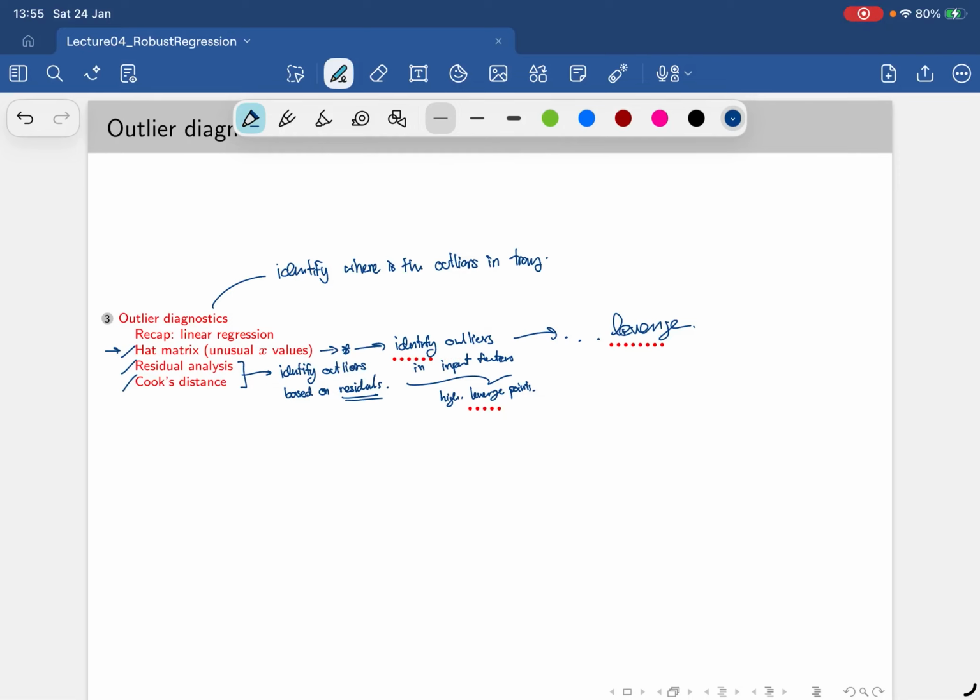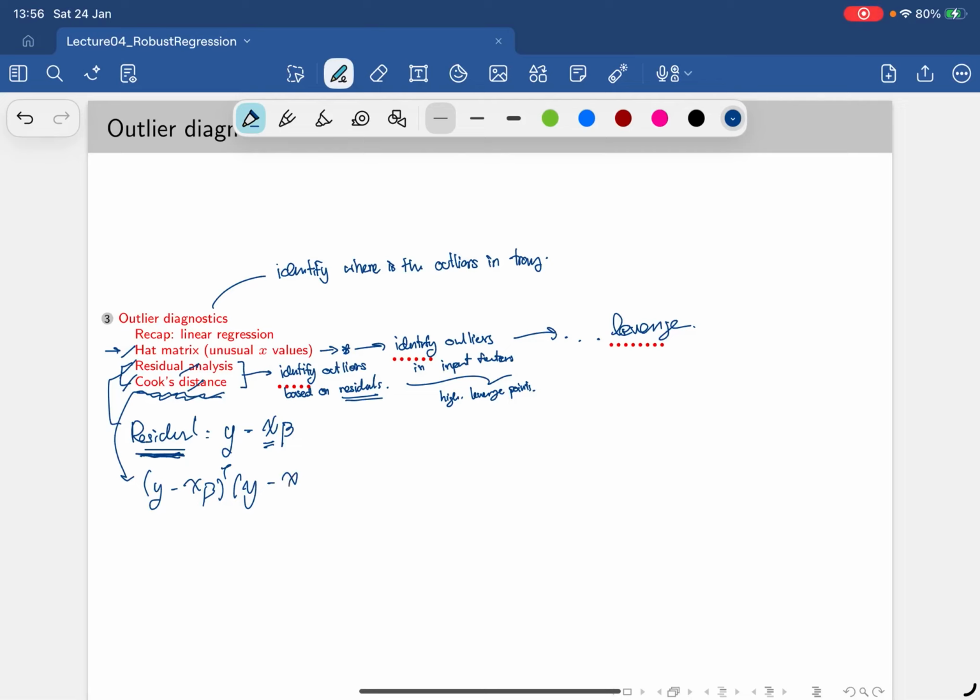Meanwhile, the residual analysis and Cook distance are based on the residual between the measurements versus the estimation from the linear regression using the input features from training. And actually, as we mentioned, the Cook distance is the one where we transpose y minus x beta. So it's like the squared distance.